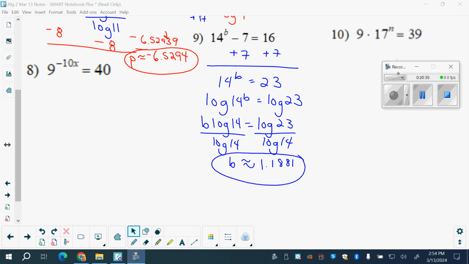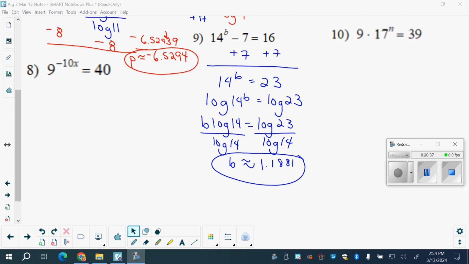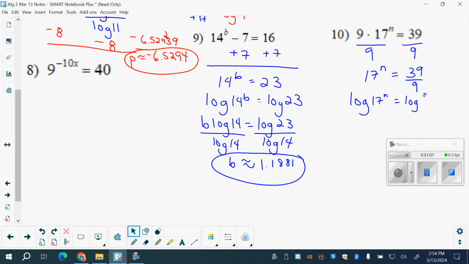And just for the sake of time, what would our first step be on number 10? Very good. Divide by 9. This is a multiplication symbol, so we want to undo that by first dividing by 9. So we get 17 to the n is equal to 39 over 9. What would our next step be? Log both sides. Log of 17 to the n is the log of 39 over 9.